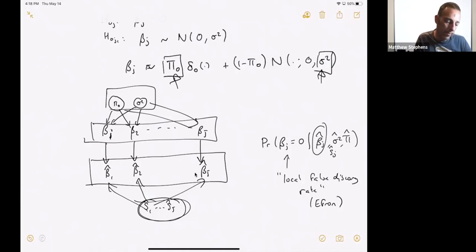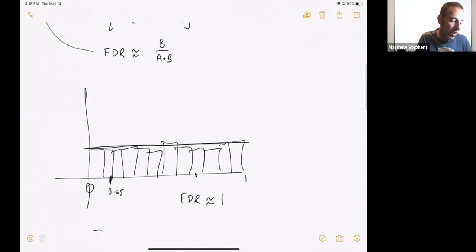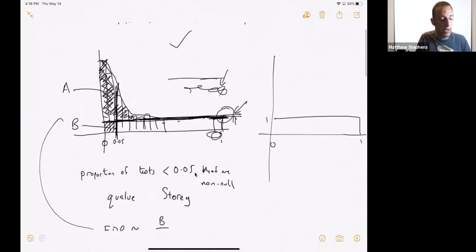So that's the outline of the idea behind this. You can't apply it directly to p-values, but if you applied it to z-scores that produce this kind of histogram, then you would also get a decomposition of this histogram into a null component and an alternative component.